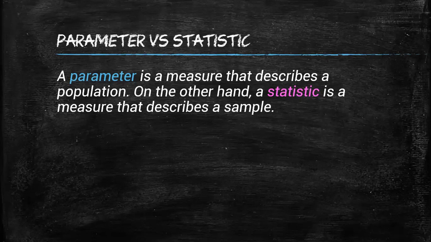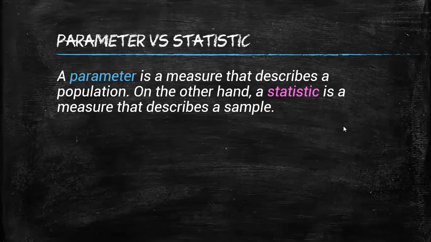Kaya nga, ang tawag natin dun sa population, sa mga measures niya ay parameter. And sa sample ay statistic, because we have different ways to approach because of the number of respondents. Kasi nga, syempre, mas accurate si parameter compared to statistic. Right? Kasi nga, population compared to sample.